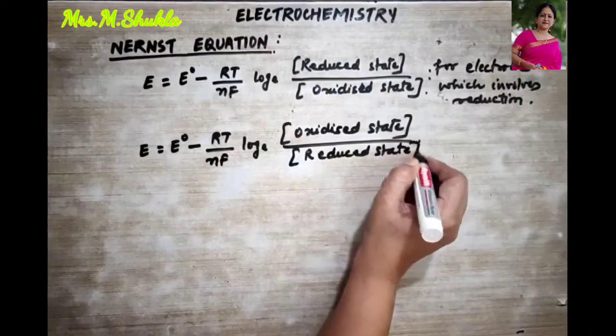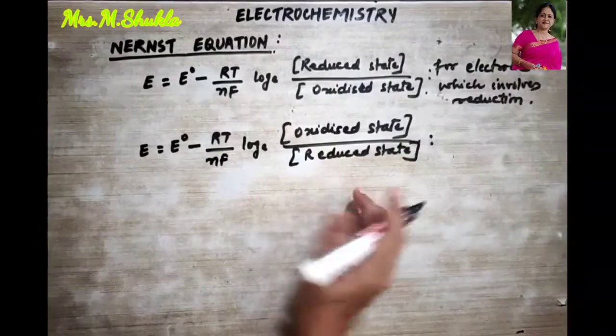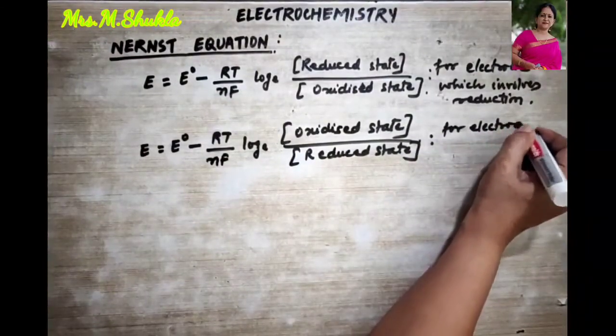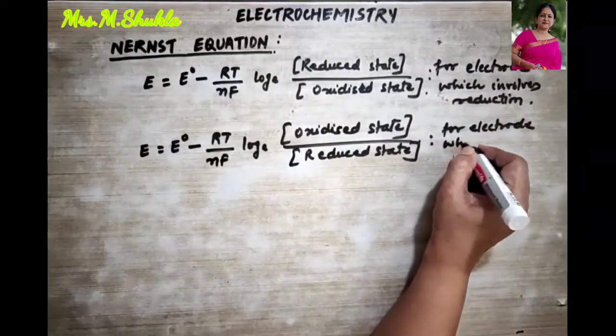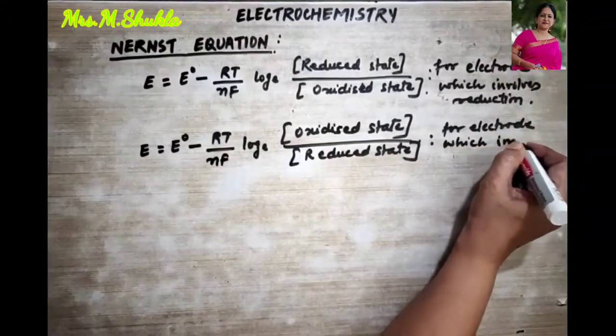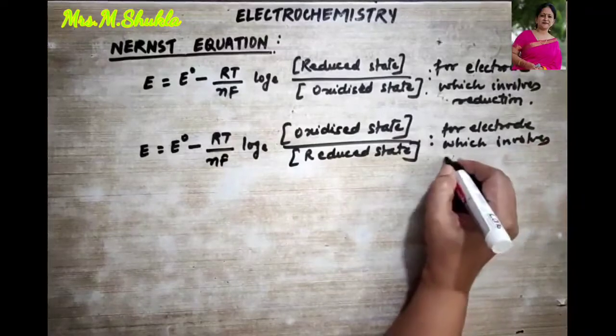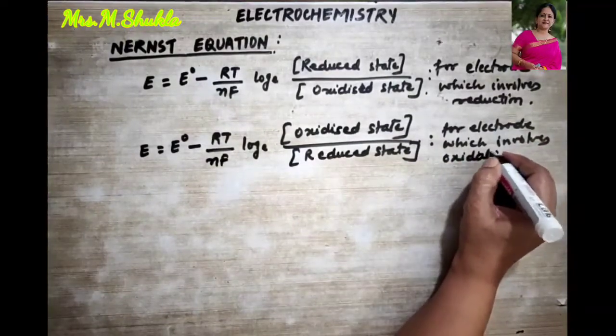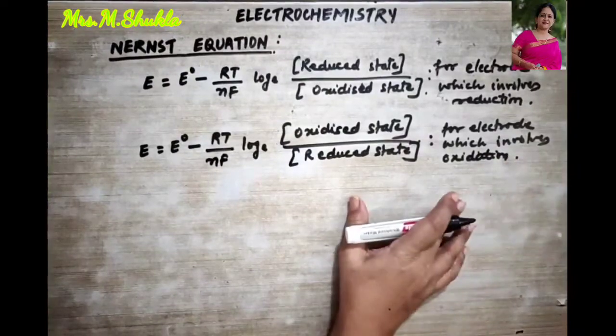Fine. So when do we use this formula? For an electrode which involves oxidation. I hope till here it's clear.